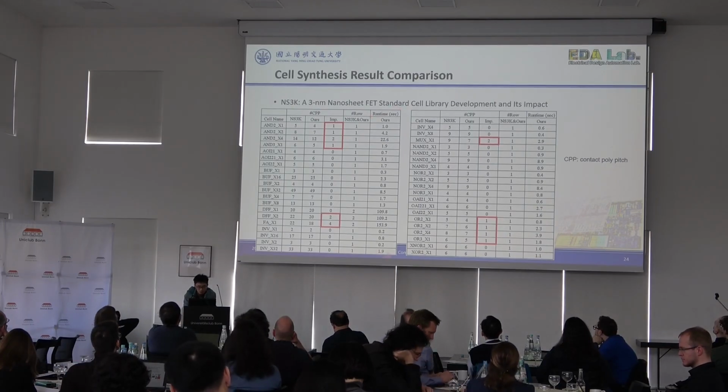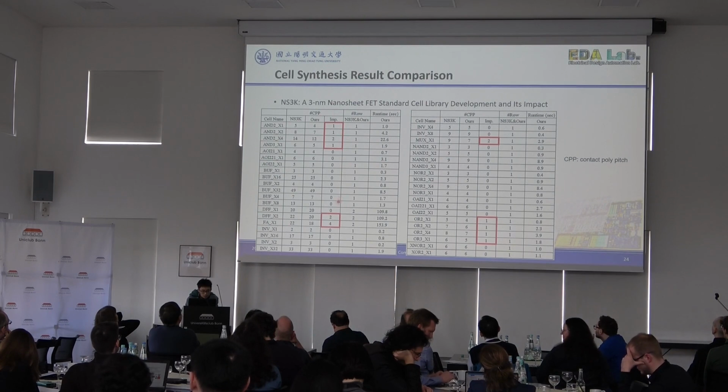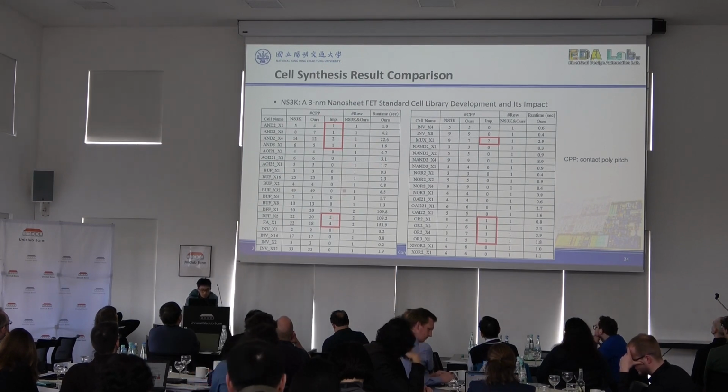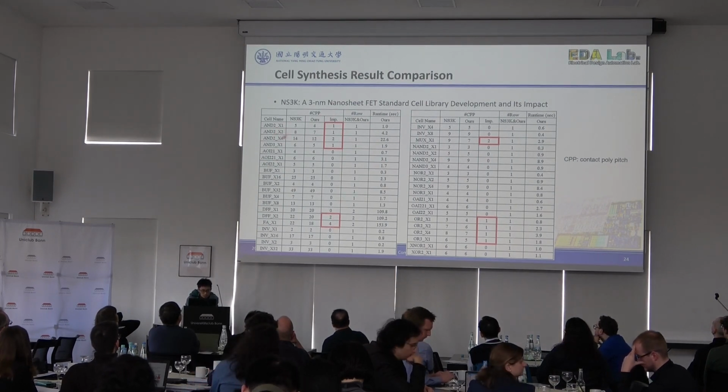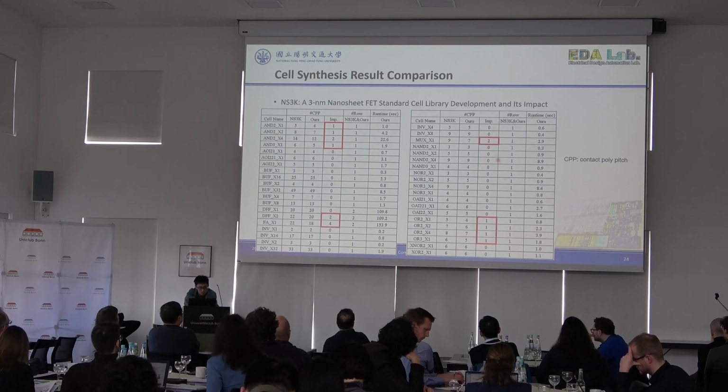In terms of the number of CPP, we improve 1, 1, 2, 1, 2, 4 CPPs in AND2x1, AND2x2 and AND2x4, DFFx2 and Adder. And we improve 2, 1, 1, 1, 1 CPP in MUXx1 and a series of other cells.